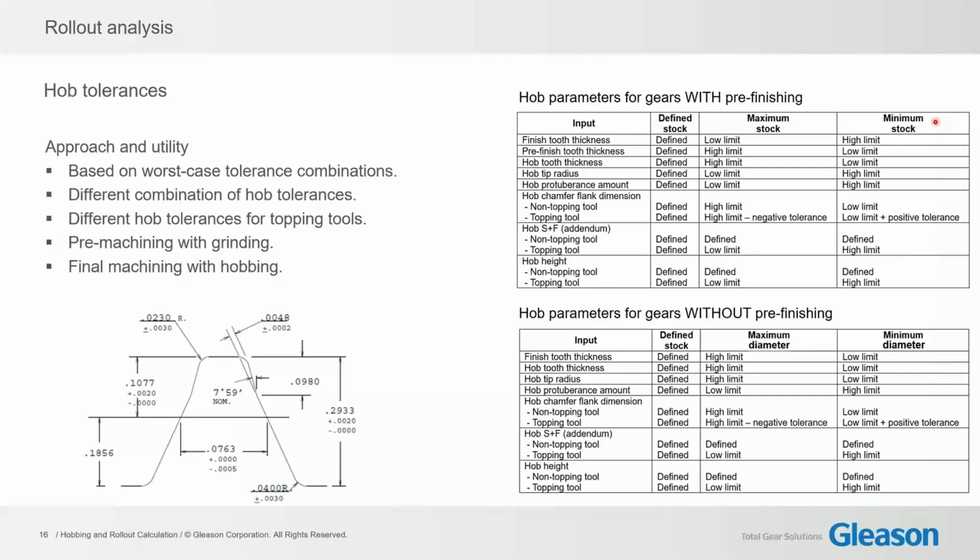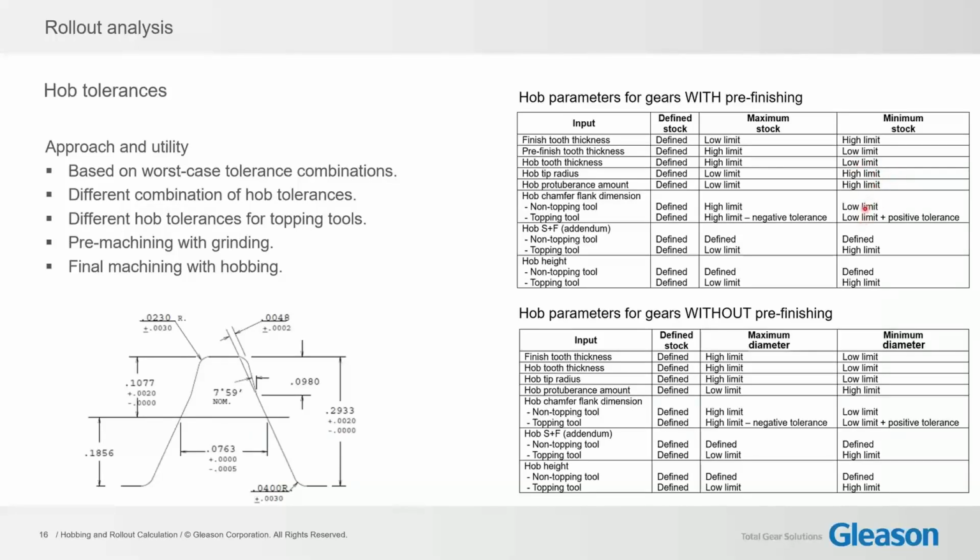For the minimum stock, this means that we have the finishing tool at the highest tooth thickness, so we have the high limit here. Pre-finishing would be at its smallest, so we have the low limit there, which will result in the smallest possible grinding stock. And then the tooth thickness of the hop is also at its low limit. The radius and protuberance amount are at the high limit.